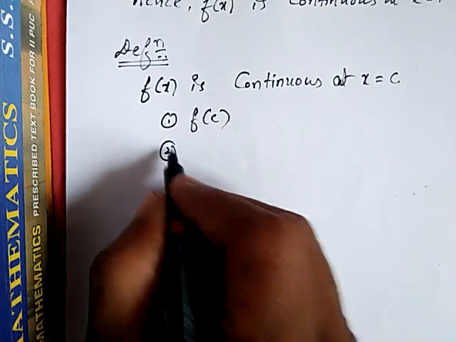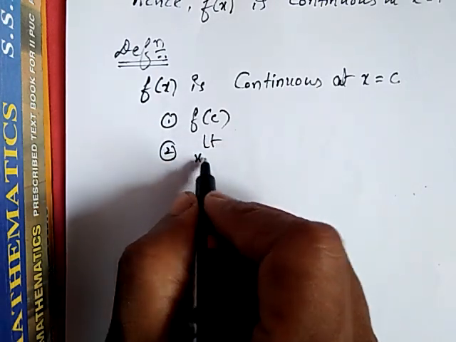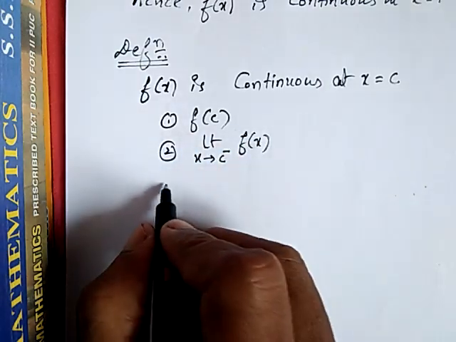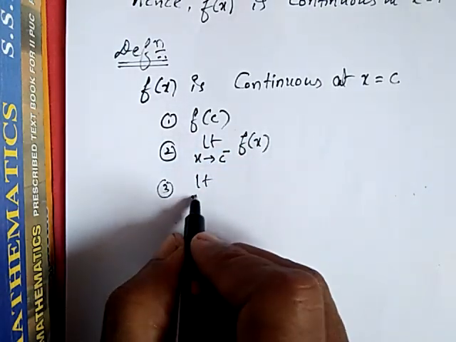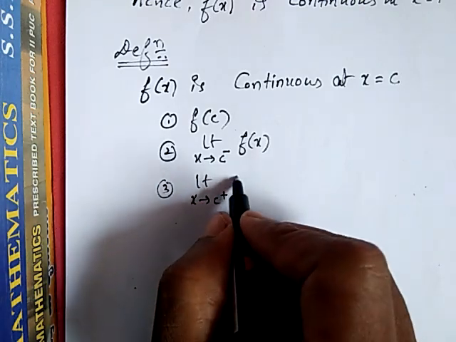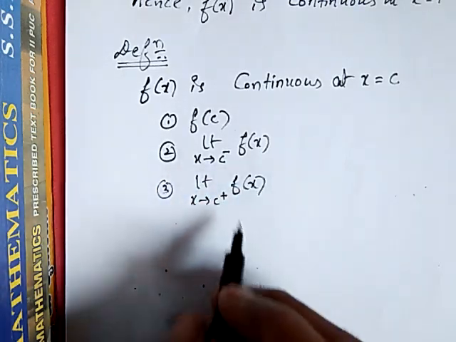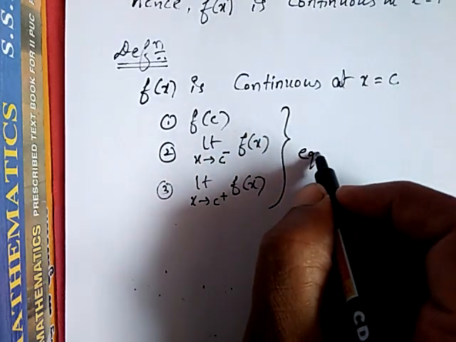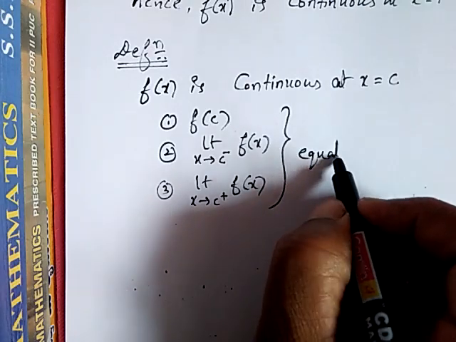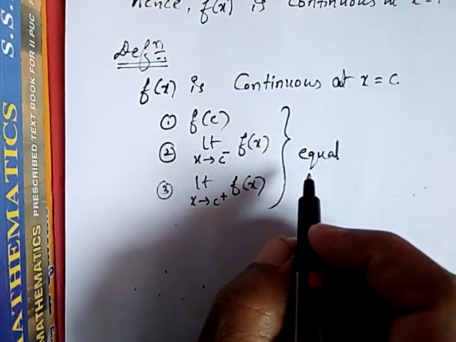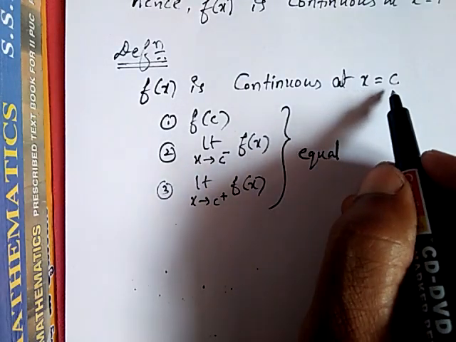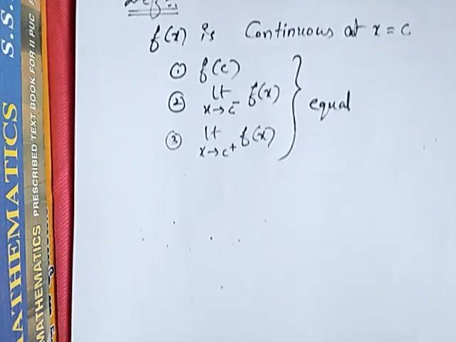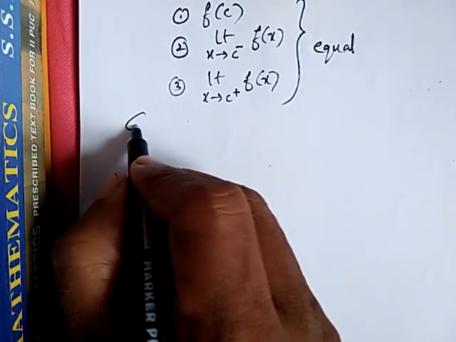Second one is limit of x tends to c minus f of x, means this is left hand limit. Third one is limit of x tends to c plus f of x, means it is right hand limit. All three must exist and they should be equal. So all three are equal means we can say that at a particular point x is equal to c, the function is continuous. Now I will tell the geometrical meaning of this one.